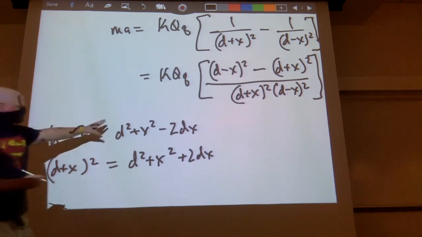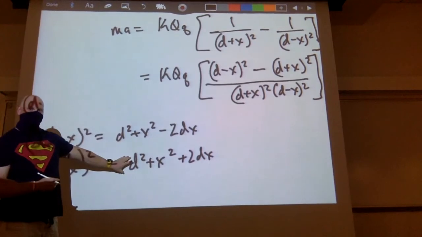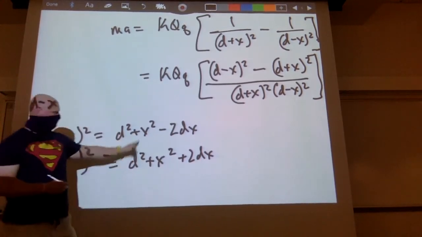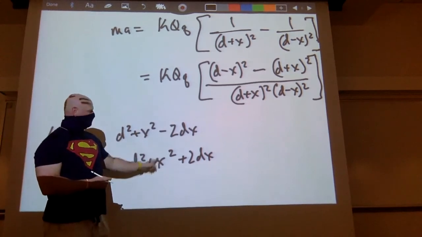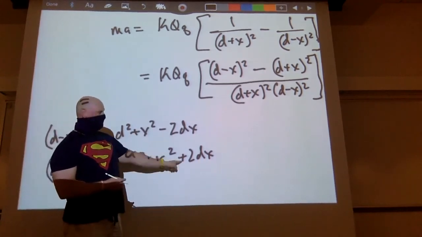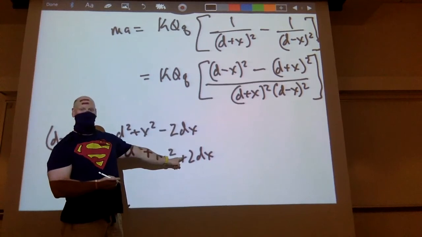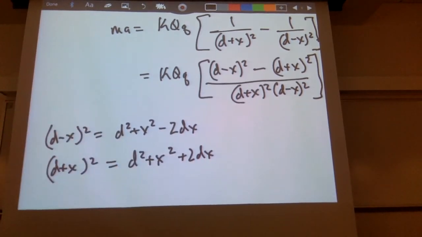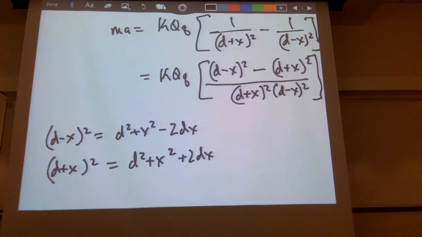So now, if I take this guy minus this guy, what happens? Well, the d squareds are going to cancel. The x squareds are going to cancel. But now I get a negative sign between the two of these, which means these guys are actually going to add together. Right? So everything is going to cancel except for the cross terms.